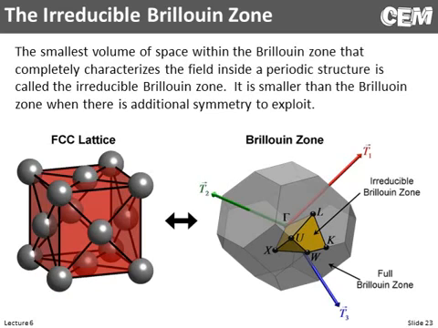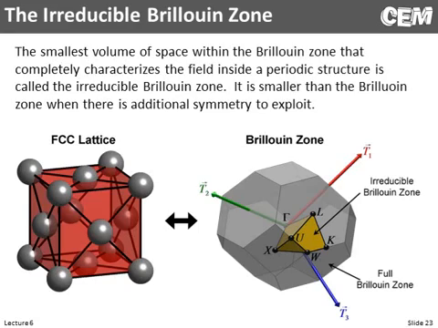So, if we construct the unit cell on the reciprocal lattice, that gives us our Brillouin zone, and then we apply the concepts we just talked about in the last slide, that there may be additional symmetry. We can whittle down our primitive unit cell down to what we'll call the irreducible Brillouin zone.